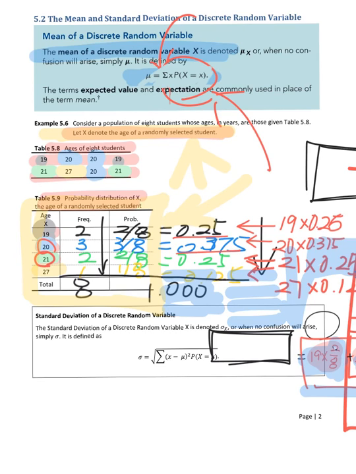How many 19s, how many 20s, how many 21s, 27. And we modified the formula. It is the modified formula. But that is the same as before. Generally, we took the sum divided by n.